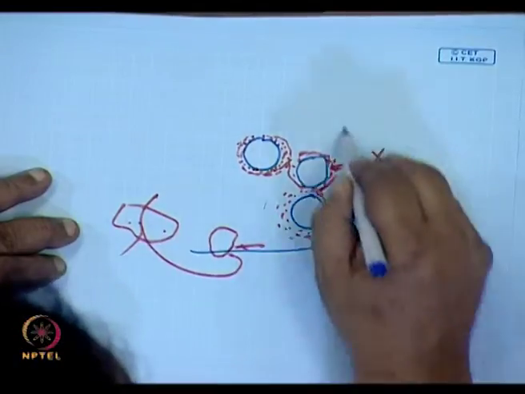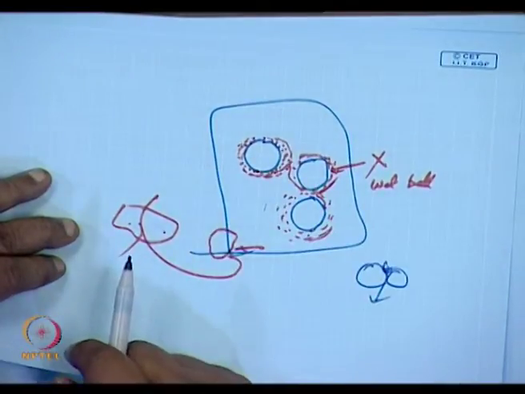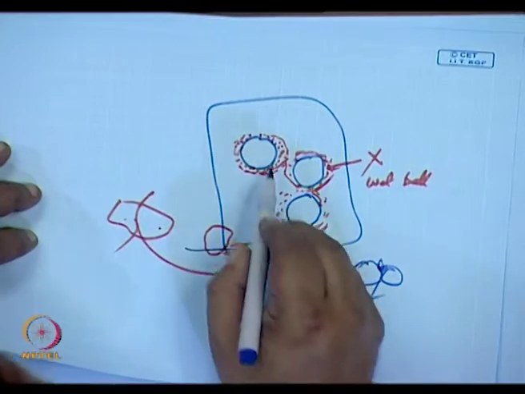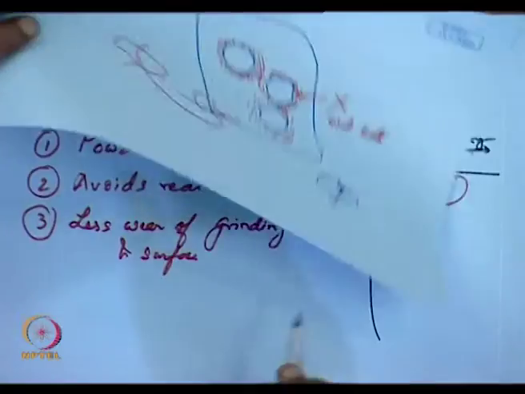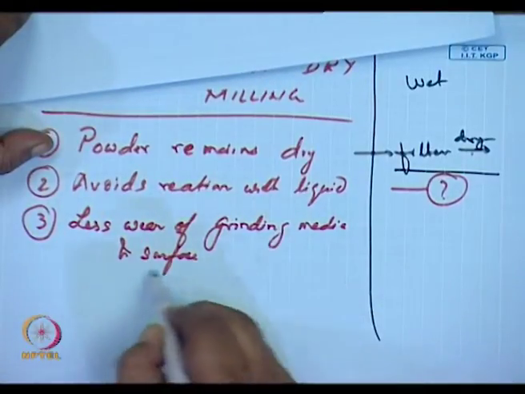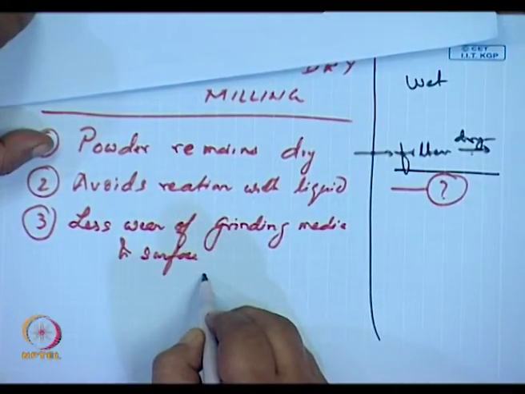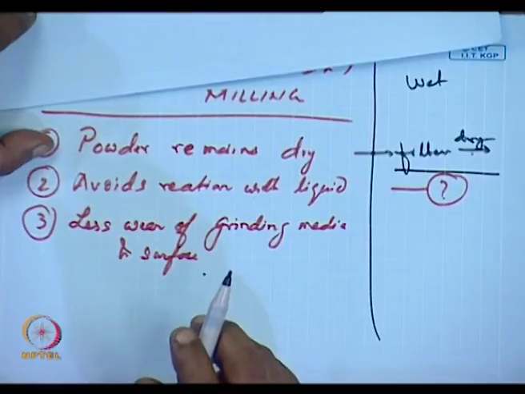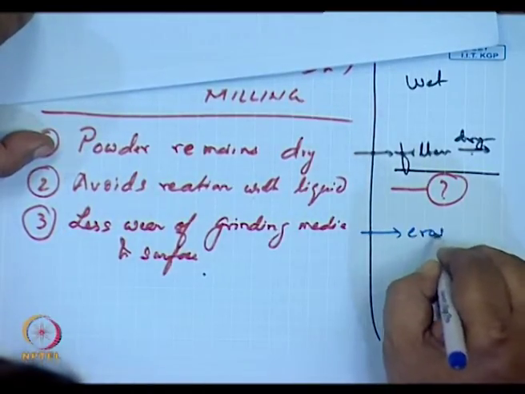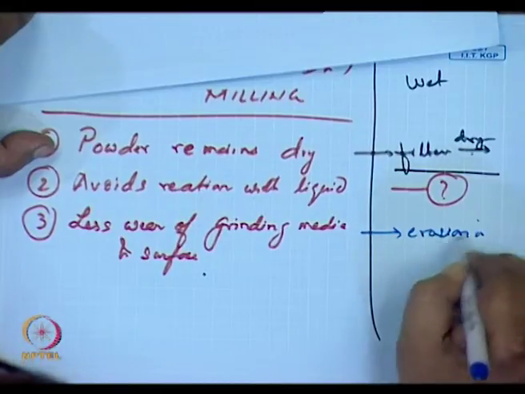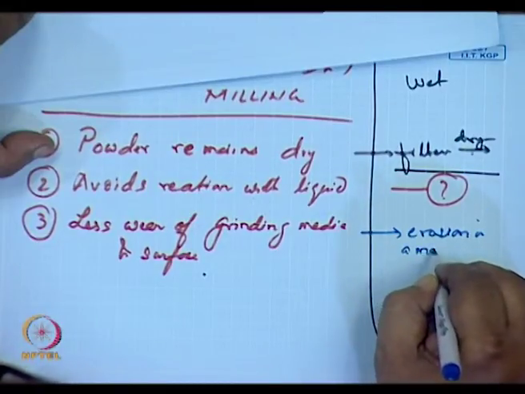In dry ball milling, because the powder keeps on coating the balls and the container, you have less wear of the grinding media and surface. Whereas in wet ball milling, erosion is a major problem.